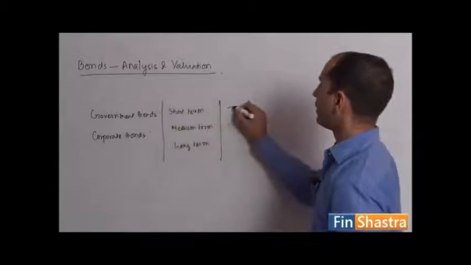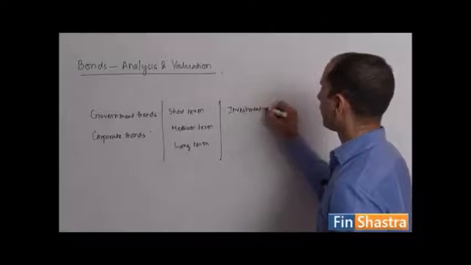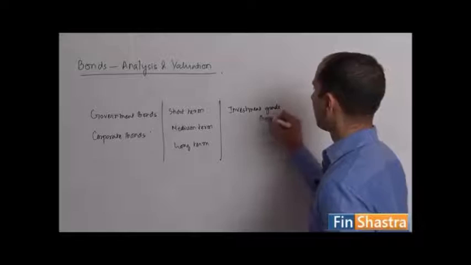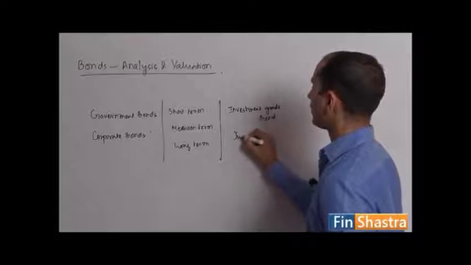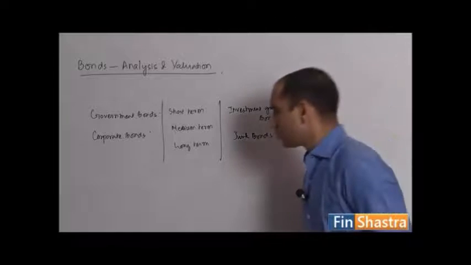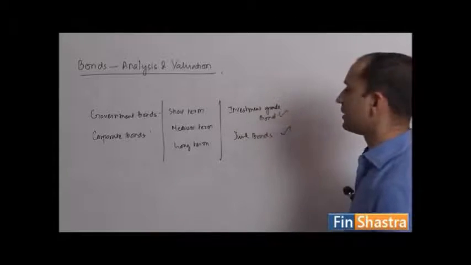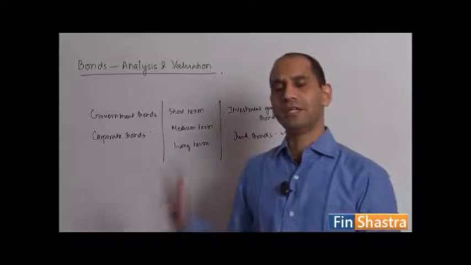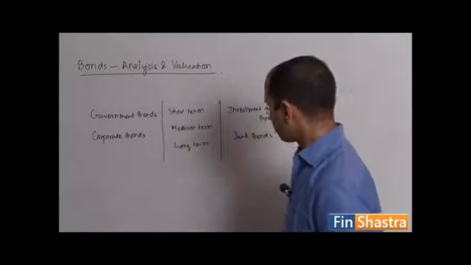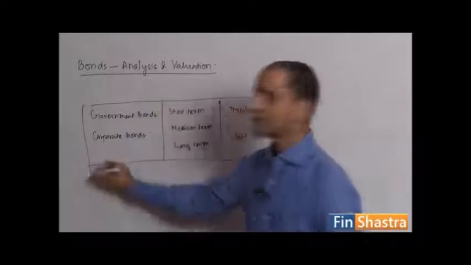So either it could be investment grade bonds, or it could be junk status bonds or junk bonds. So we would look at both the varieties and see how do we go about dealing with such bonds, how do we go about valuing these bonds. So that's a little about bond markets.